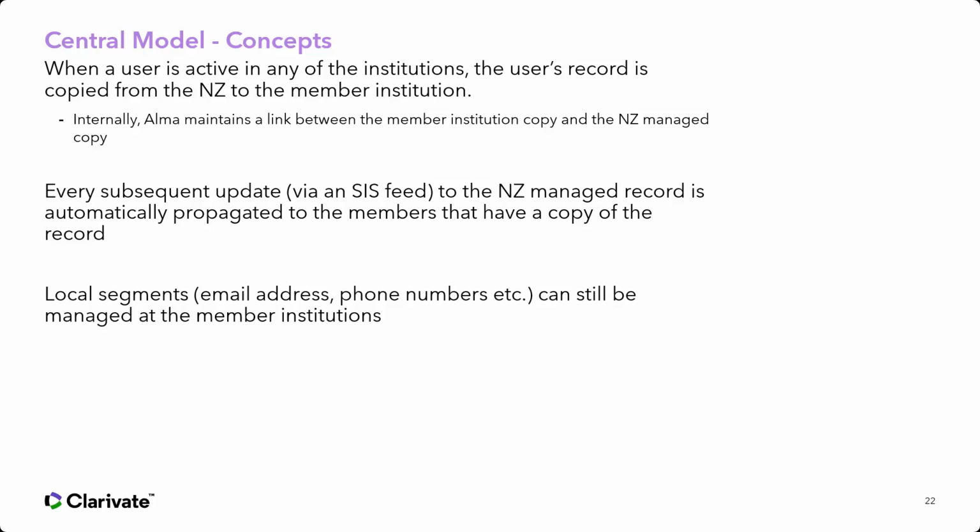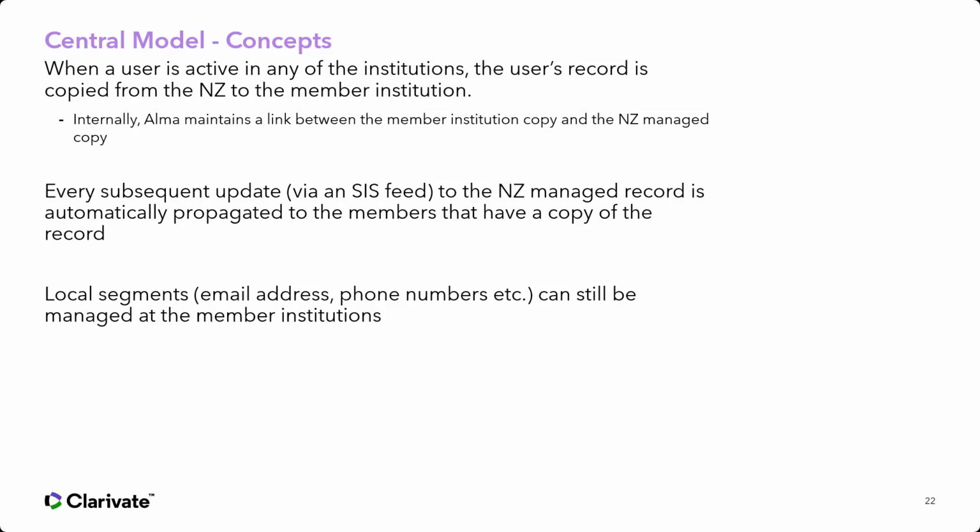In addition, every update that happens to the account at the network zone propagates to the institutions that copied this account. So the feeds, the updates happen centrally at the network zone and are automatically propagated to each one of the institutions.